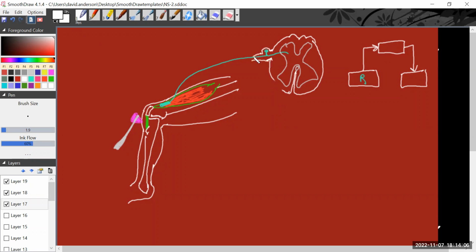Everybody okay with that? This is taking the sensory information back to the spinal cord.